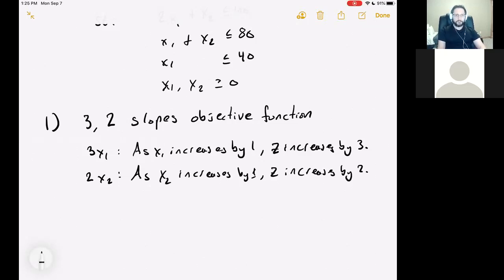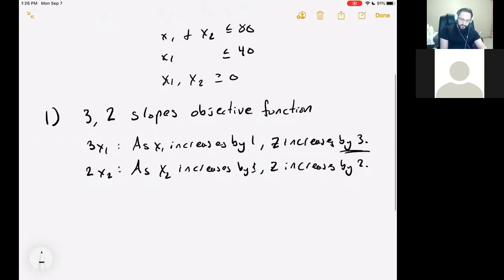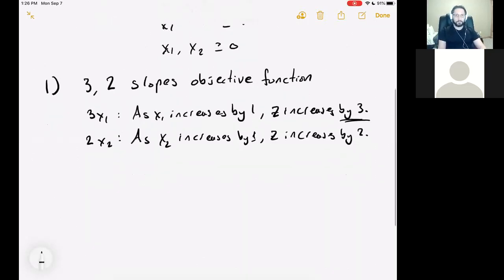So if the goal is to make z as large as possible, should I be increasing z by 3 or should I be increasing z by 2? The obvious answer is I should be increasing z by 3. I've just chosen x1 to be the important variable I want to analyze.